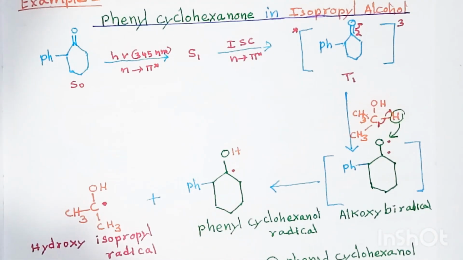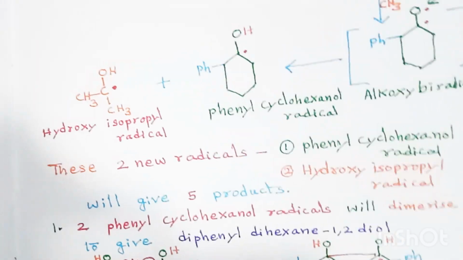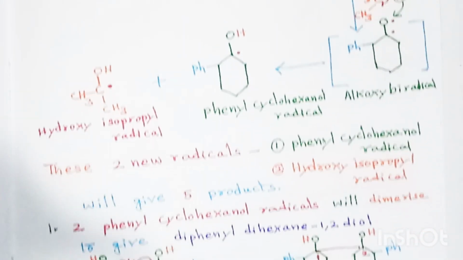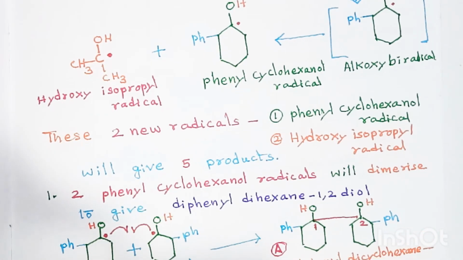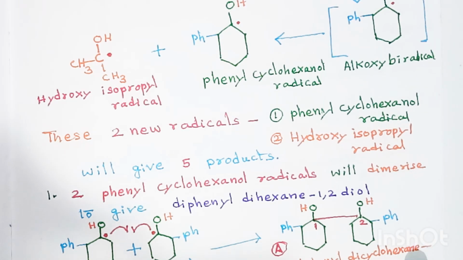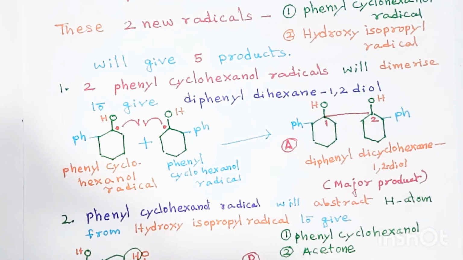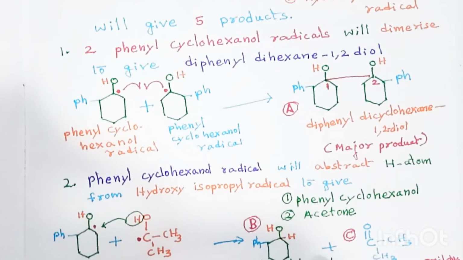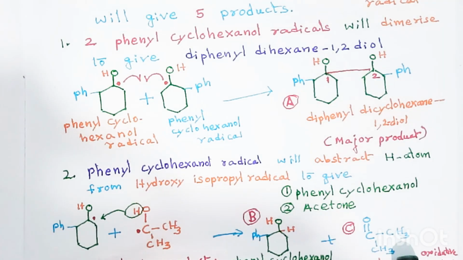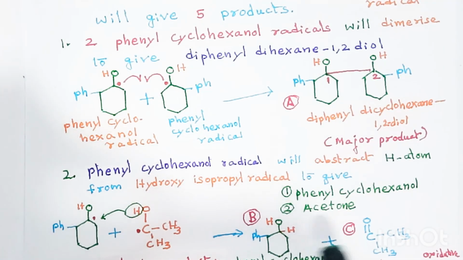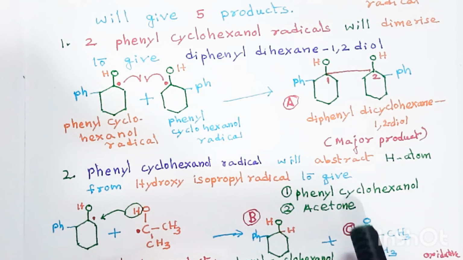Now let us see the other reactions. These compounds formed here, A, that is diphenyl dicyclohexane 1,2-diol, and phenyl cyclohexanol and acetone are the major products or main products.